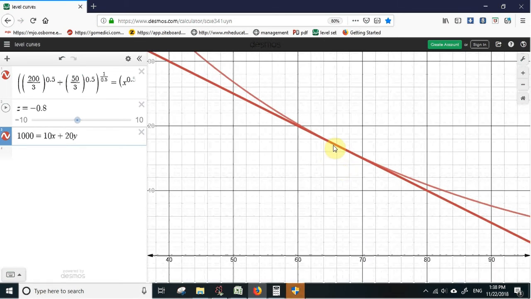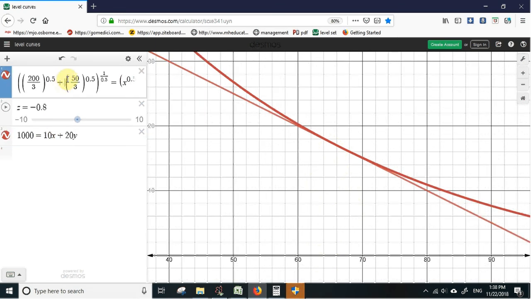So the equilibrium point of the consumer is simply 200 over 3, which will lie somewhere over here, and the value of x2 is 50 over 3, which is 16 point something, which lies over here.